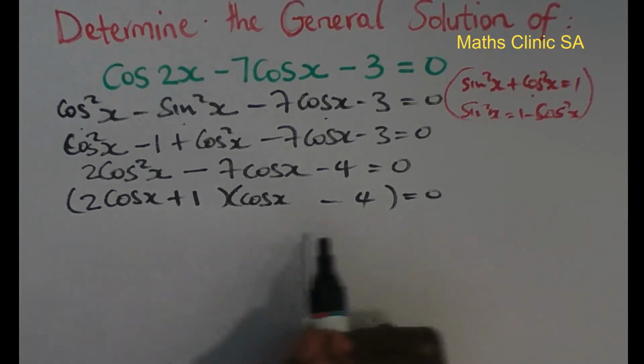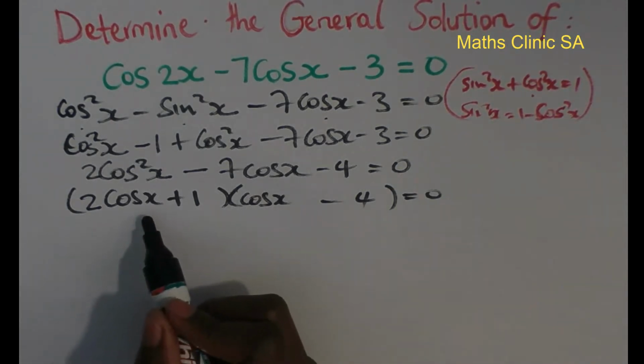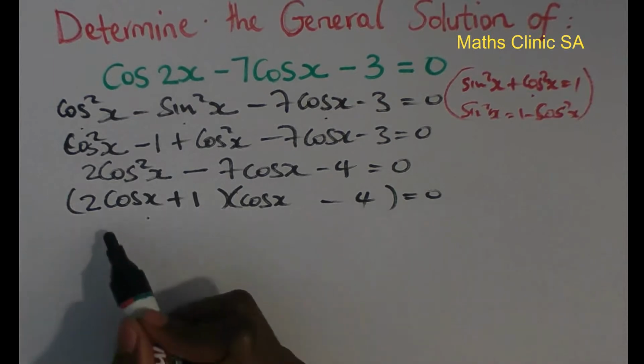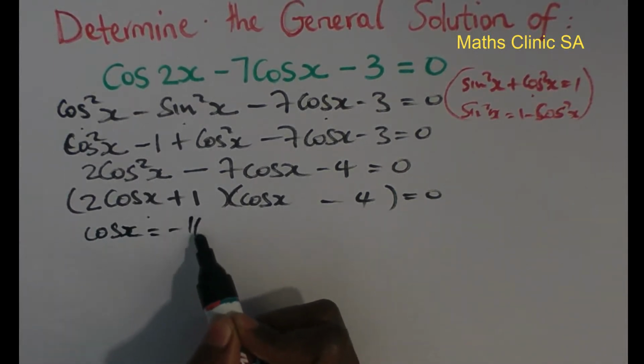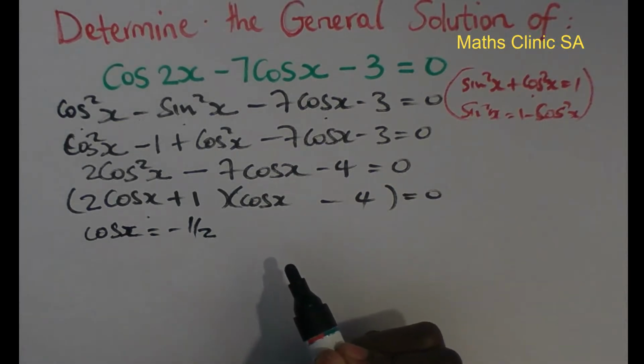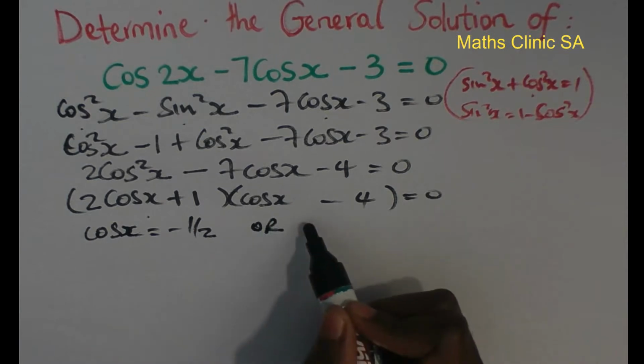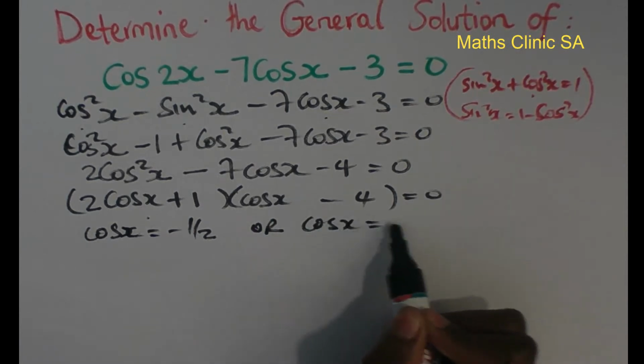Now to solve, we equate each bracket to 0. So cos of x equals negative a half, after moving the 1 over and dividing both sides by 2, or cos of x equals positive 4.